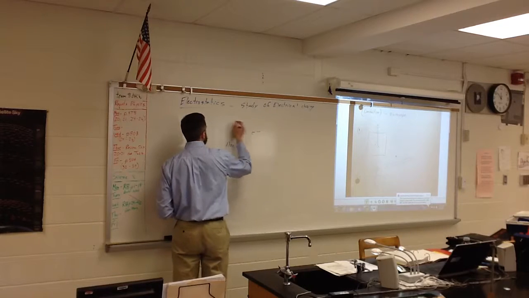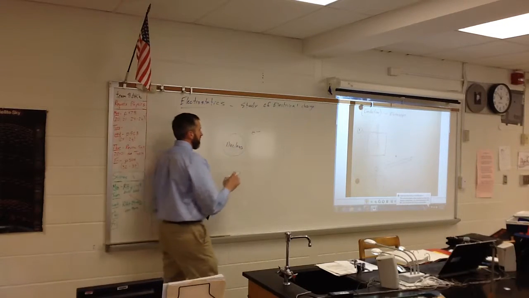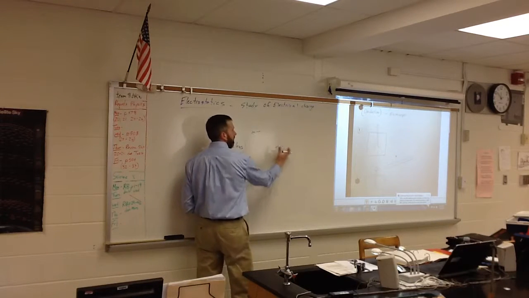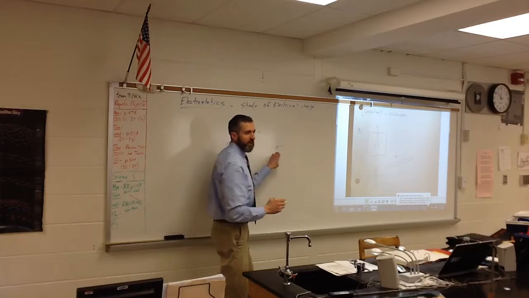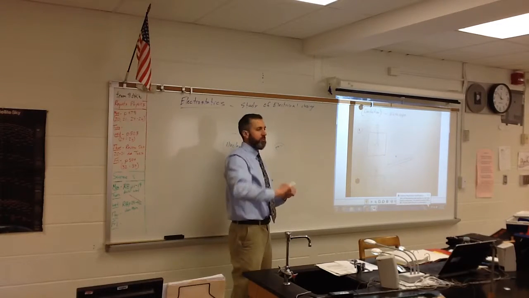But electrostatics basically talks about when you have a nucleus and you have your electrons that are around the outside, as you get further and further out, further away from the nucleus, these electrons are more readily available to be stripped away or moved away.